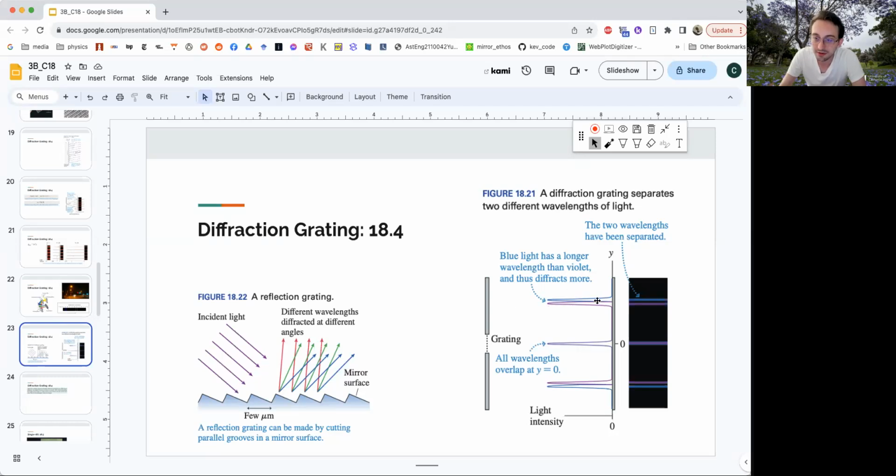And then you can see here what I was describing earlier, that the longer the wavelength, so blue light has a longer wavelength than purple light, the more distance away that each particular bump will be. So the central ones all overlap. That's part of the reason that tends to be so bright. And then farther away, so like the m equals 1, the first order bright spot, it'll slightly separate by color. So if you shine white light through one of these gratings, you can actually pick apart the different colors. And that's what a spectrometer does.